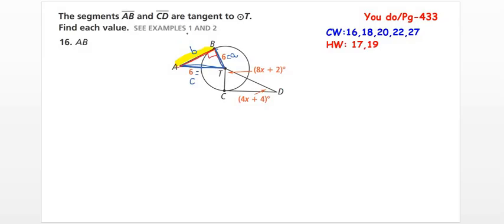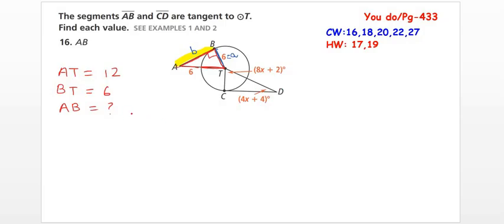Can any one of you guess? It will be 12. Why is it going to be 12? Because you can see here that this part of the line is 6 and this part will also be 6. So together all of it, AT will be 12 units, and we have BT, that is 6 units, and we are trying to find AB, right?